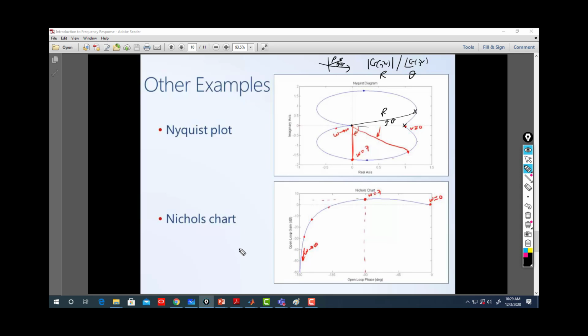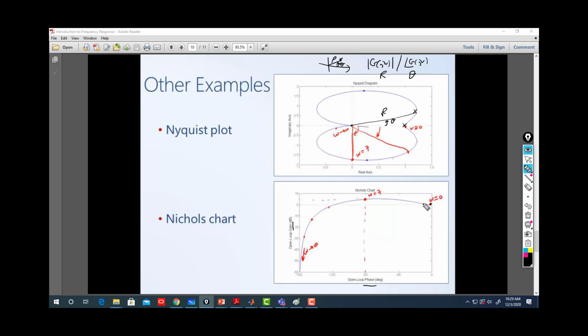Nichols is actually the same as the Bode plot, but they use gain and phase in a rectangular representation. For example, at omega equals 0, they look at the phase on the x-axis and the gain on the y-axis, and they plot them.